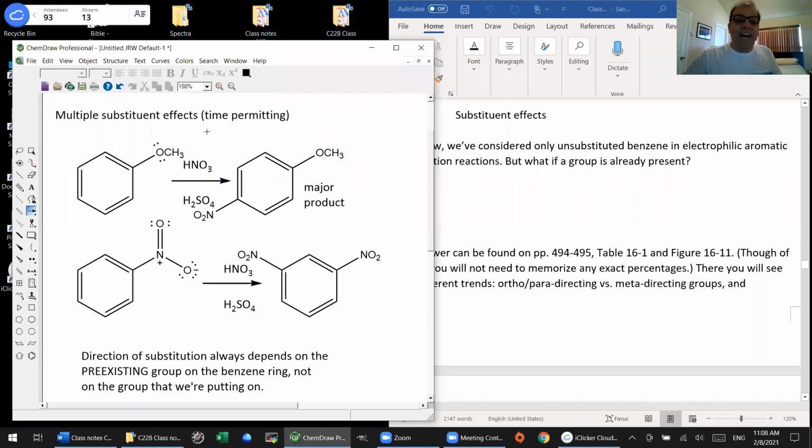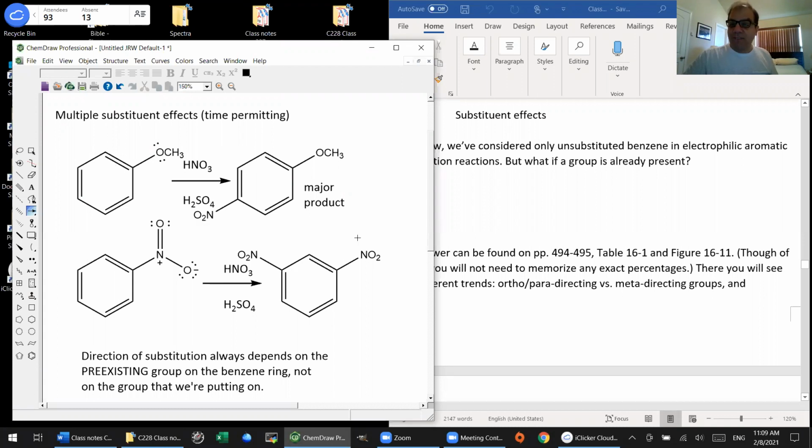So if we understand the meaning of what those tables and diagrams in the book are showing you, it's that if we have a pre-existing ortho-para-directing group on the benzene ring and we do any of the reactions we talked about, not just nitration, if we did halogenation or one of the Friedel-Crafts reactions, let's say, or any of the other ones that we talked about the last time, the reaction will proceed with exactly the same mechanism to give as the major product the para-substituted product.